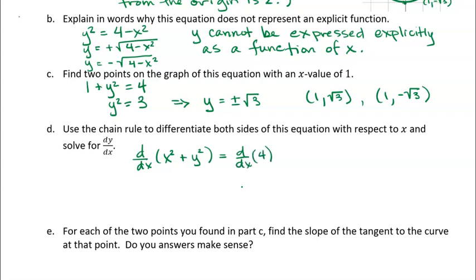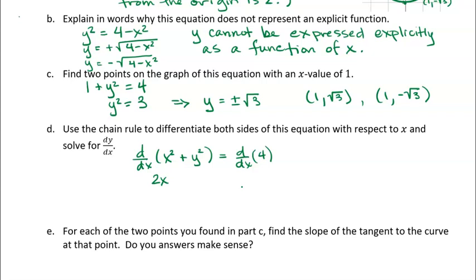All right. Now, the first term here, over here on the left-hand side, is easy, right? If we take the derivative with respect to x, we're just going to get 2x. All right. That's easy enough. Now, the second term, there's no x there. What we have to do is consider y to have some relationship with x.